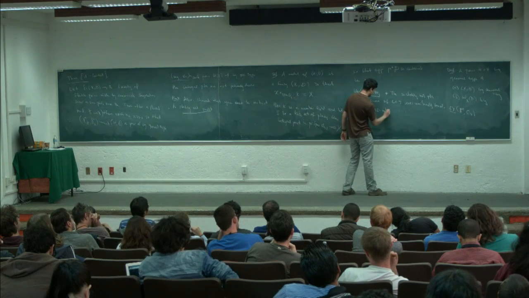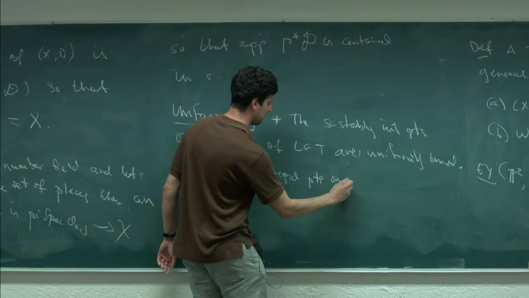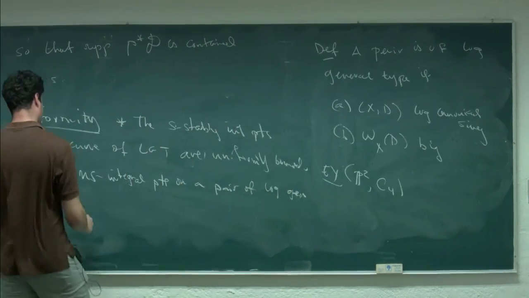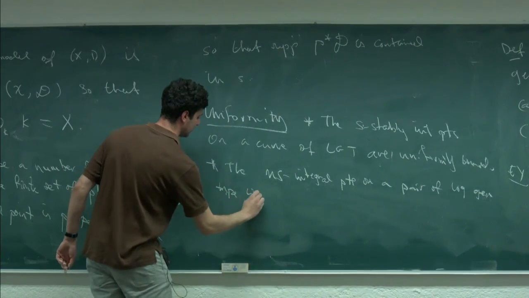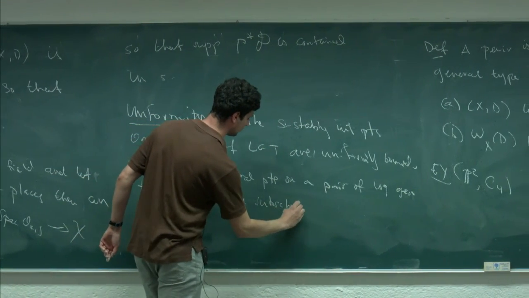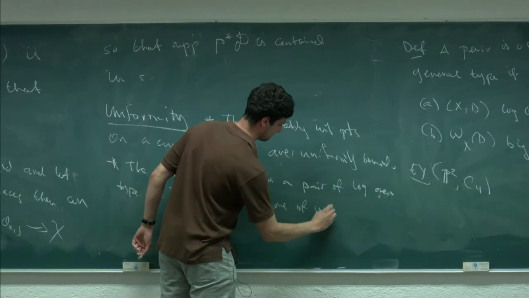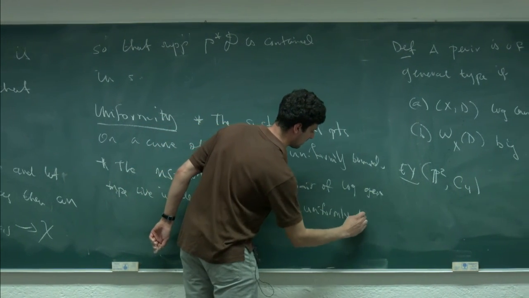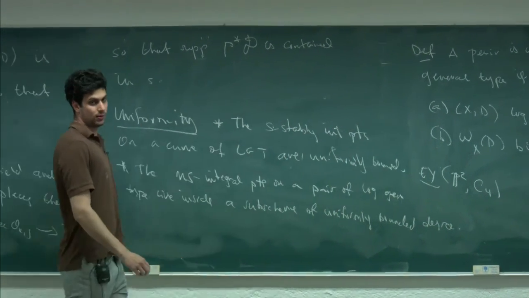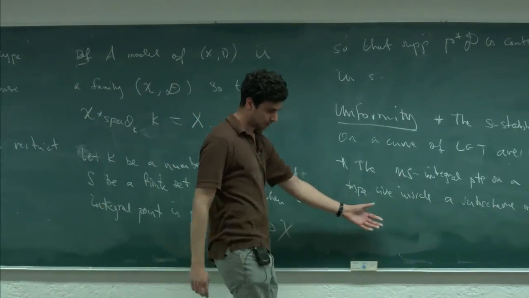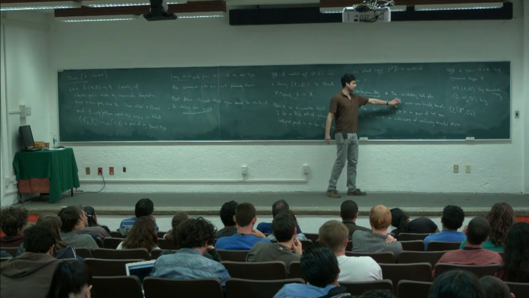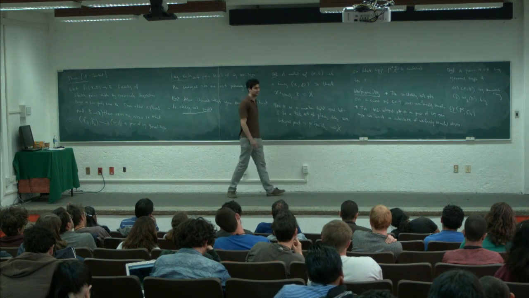So moduli stably integral points on a pair of log general type live inside a subscheme of uniformly bounded degree. Now you use this theorem, induction, and some mild technical hypotheses to extend this result to higher dimensions. But I think I'll stop there.